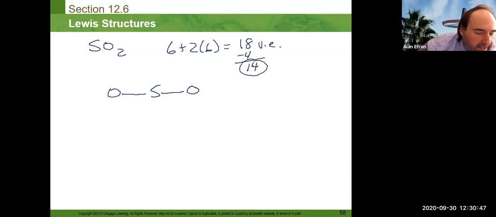We're going to put them on the outside ones in pairs. So that's going to give us 2, 4, 6, 8, and that will fill up that oxygen. We got 10, 12, 14. That will fill up that oxygen there.